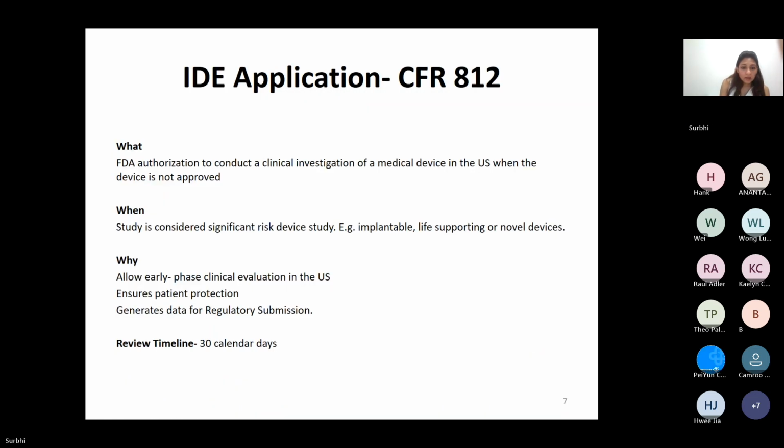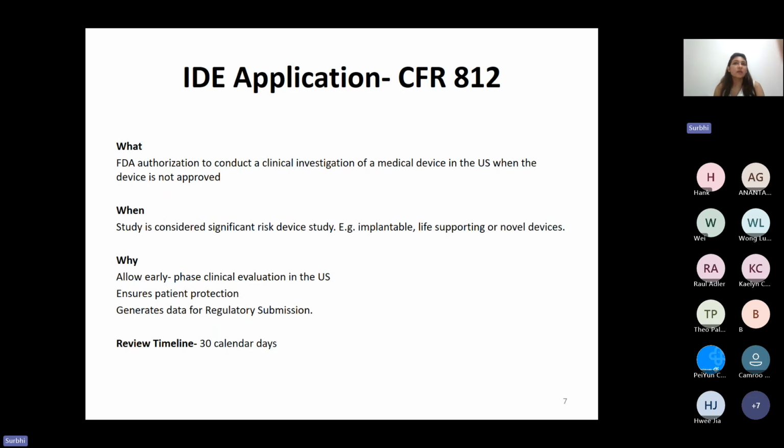Then there is another application that is required for class 2 and class 3 devices, that is the IDE application, investigational device exemption. Basically, what is this application? This authorizes you to conduct a clinical investigation of a medical device in the US when the device is not approved.